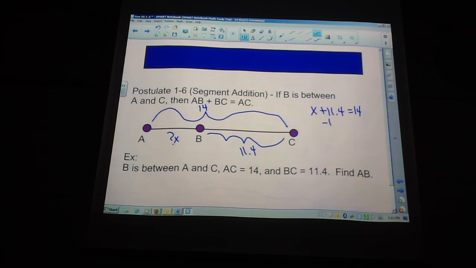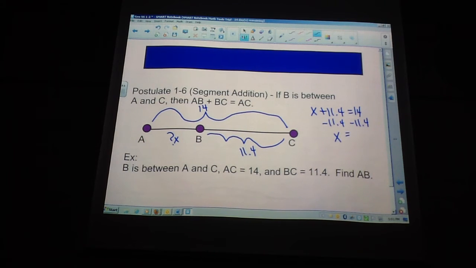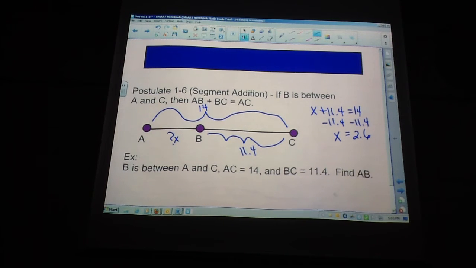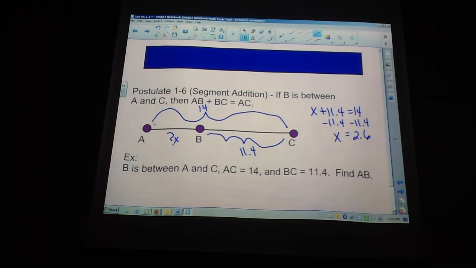And we could solve that by subtracting the 11.4. And that's going to give us x equals 2.6. Or most of us are probably smart enough to figure out that if the entire length's 14 and this uses up 11.4, you're just going to subtract to get the leftover.